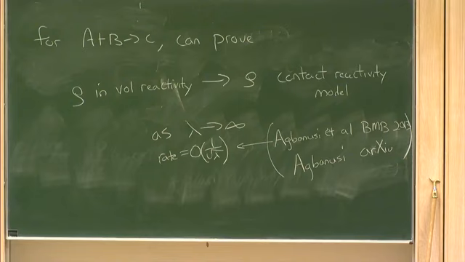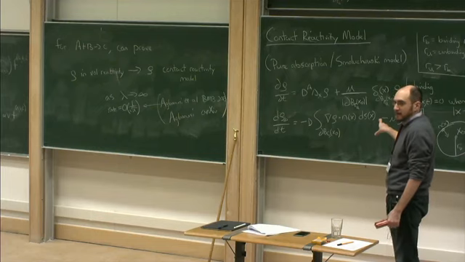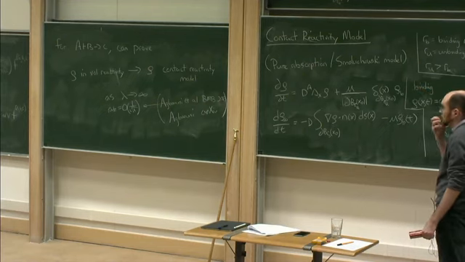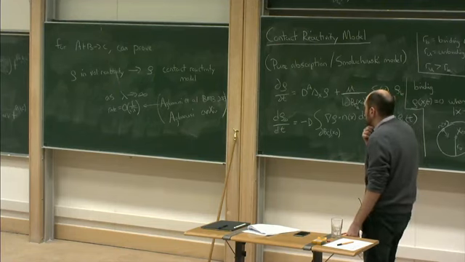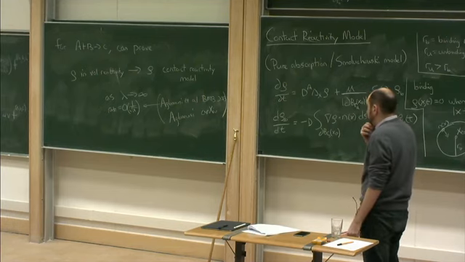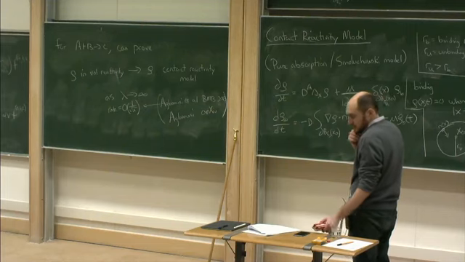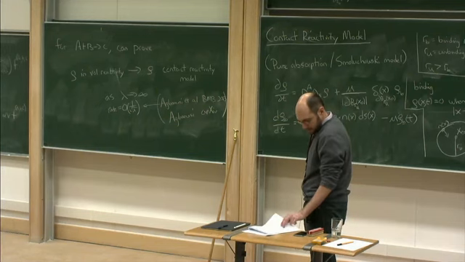Perhaps more importantly, it would be to study if you take volume reactivity and take lambda to infinity in the reversible model, do you get back the reversible contact reactivity model? The conjecture would be yes, but I haven't seen a proof of it or anyone try to study that. So that's an open problem if you're interested in harder analysis problems. It's very much a hard PDE analysis problem. Okay, so that's just an aside that I wanted to mention.